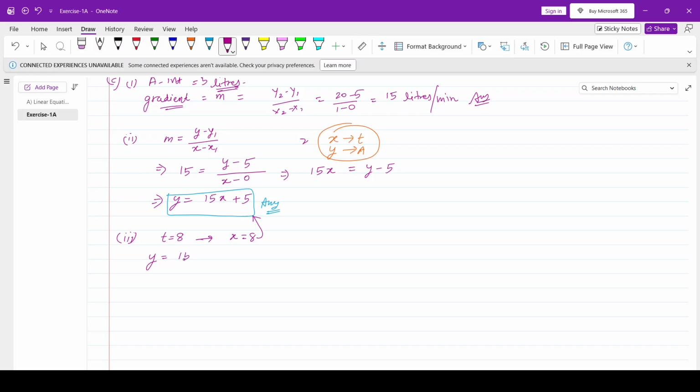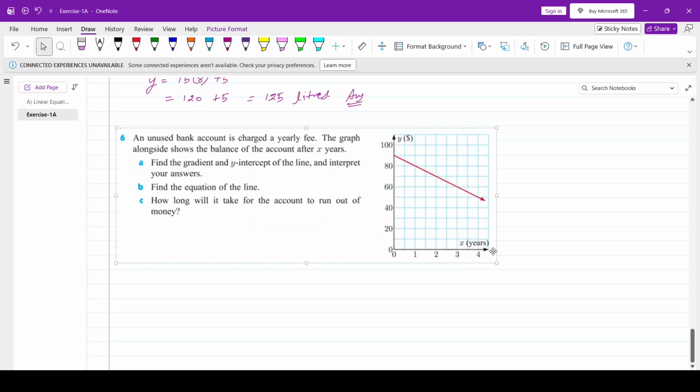Calculating the values, we get 120 plus 5. This is our answer.